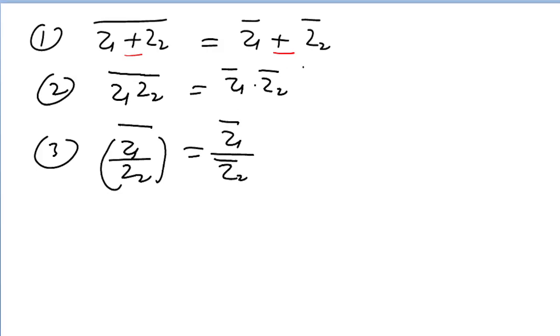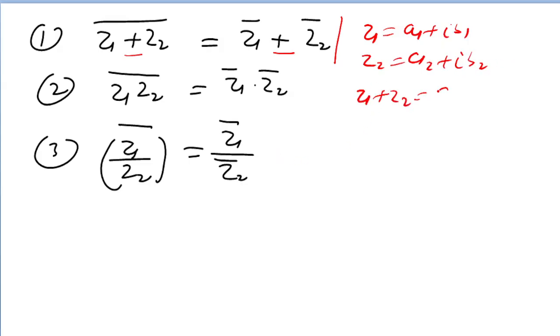Let's talk about why this is happening. Let's say z1 is equal to a1 plus ib1 and z2 is equal to a2 plus ib2. Then z1 plus z2 is a1 plus a2 plus i times b1 plus b2.